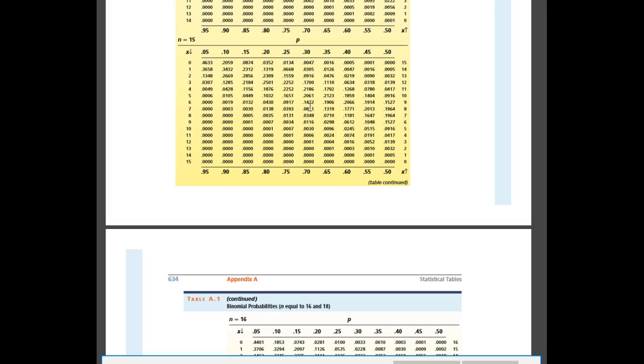So that's going to be 1 minus the probability of x equaling 15 and 1 minus the probability of x equaling 14. So what we do, we go find our p. So p is 0.9, okay? And now we need to know what our values are for x equal 15 and x equal 14. So we just go all the way up to 15 here. We get 0.2059.